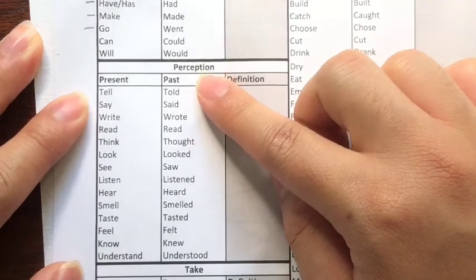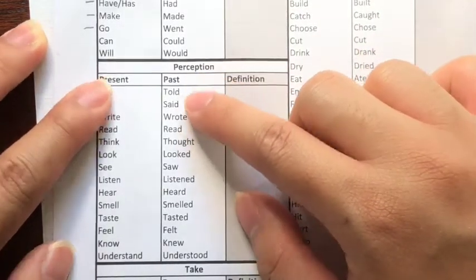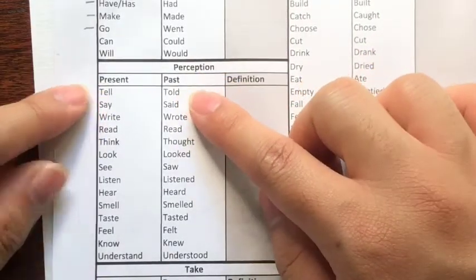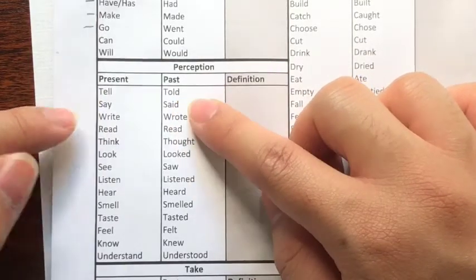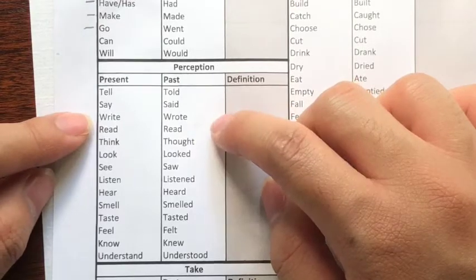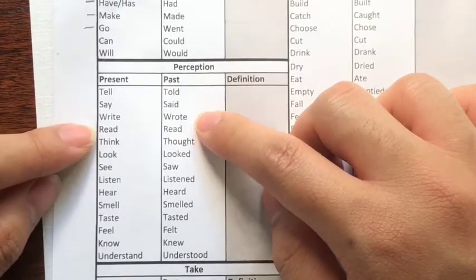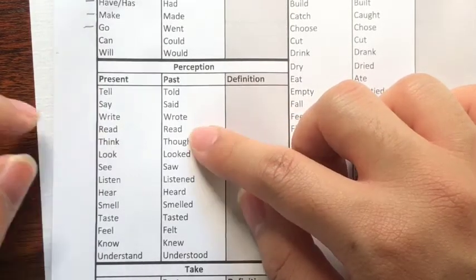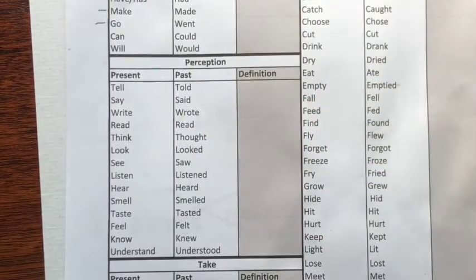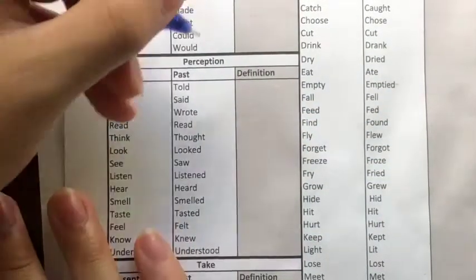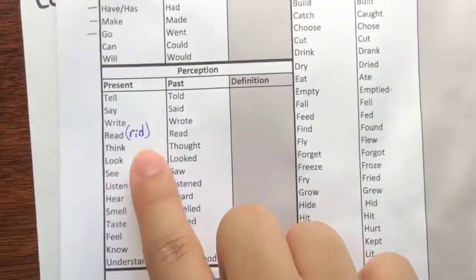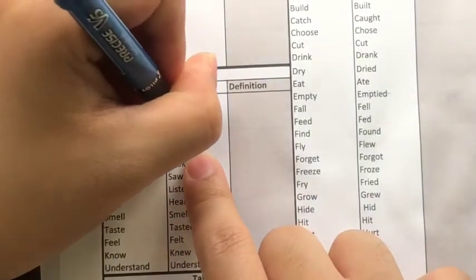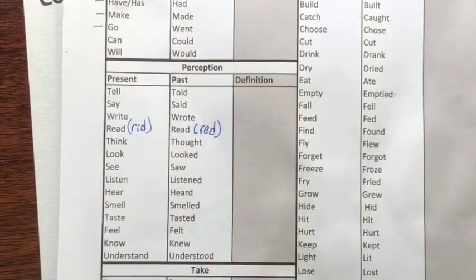We'll start with perception, the present and the past. So we have tell, told, say, said, write, wrote, read, read. Remember, in the present, we say read, but in the past, we say read.